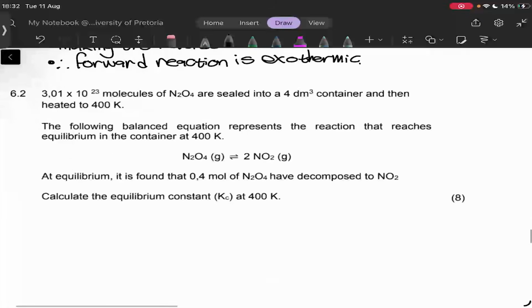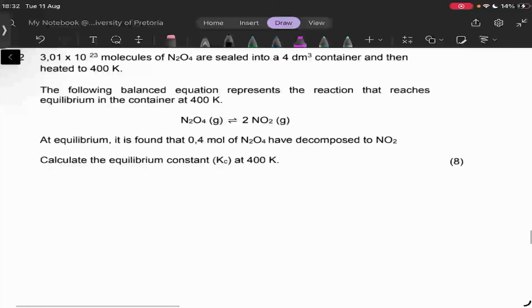For the next question, this is an 8-mark question, by the way. We are told that 3,01 times 10 to the power of 23 molecules, remember, of N2O4 are sealed into a 4 decimeter cubed container and then heated to 400 Kelvin.